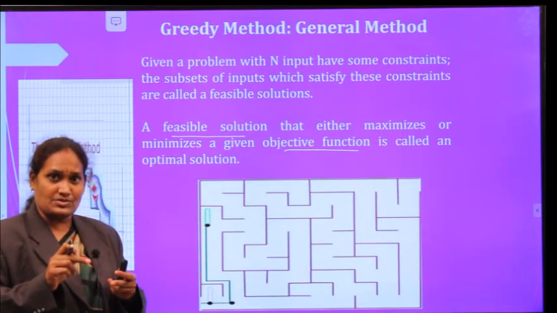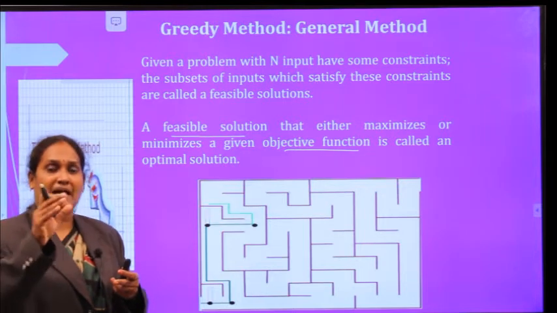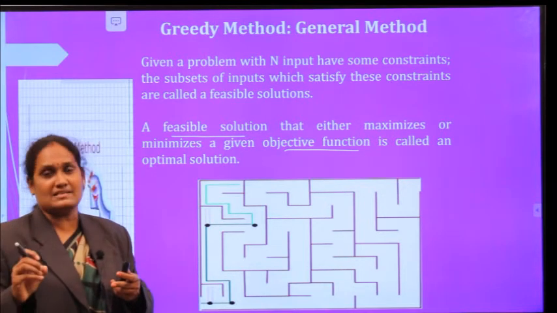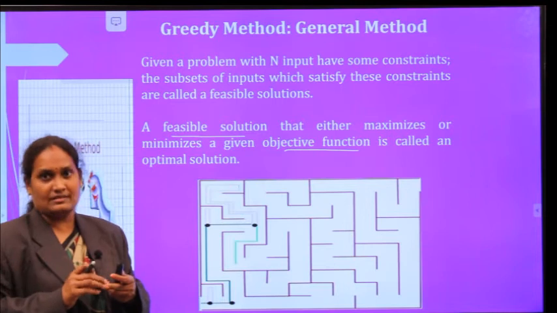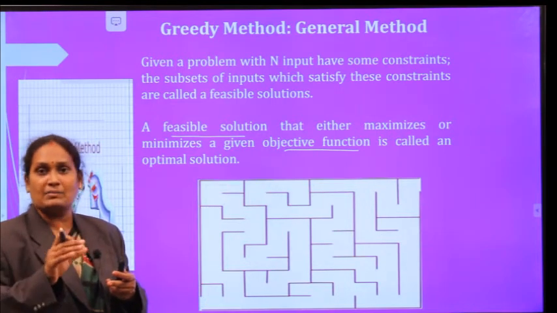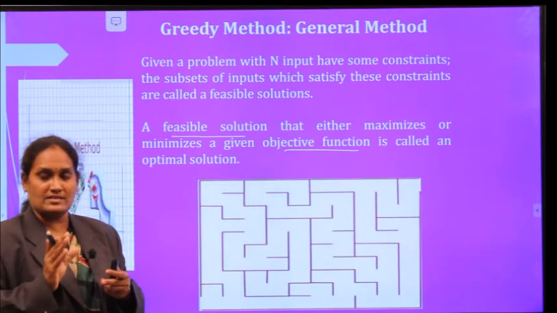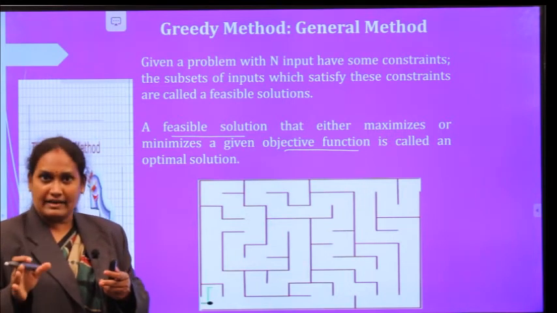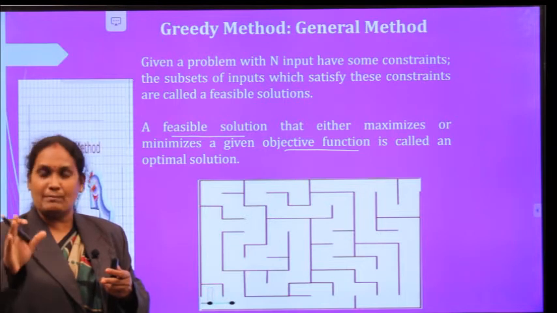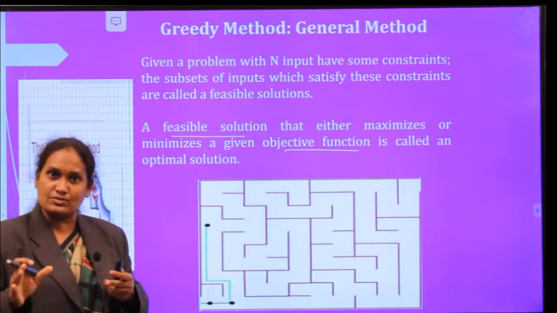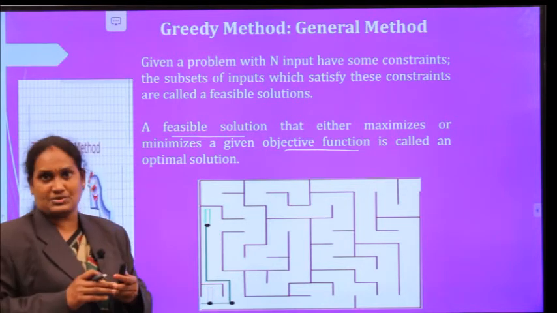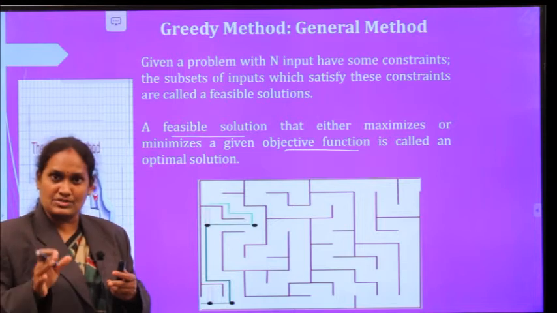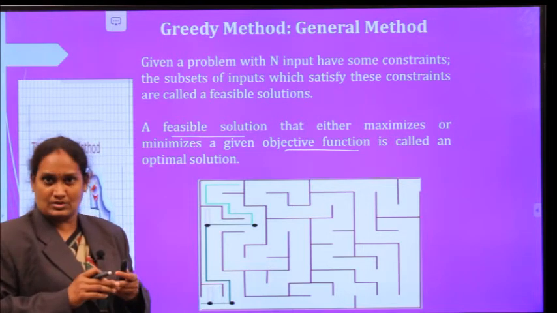The feasible solution which either maximizes or minimizes the objective function is called an optimal solution. So every feasible solution is not an optimal solution, but every optimal solution is a feasible solution.